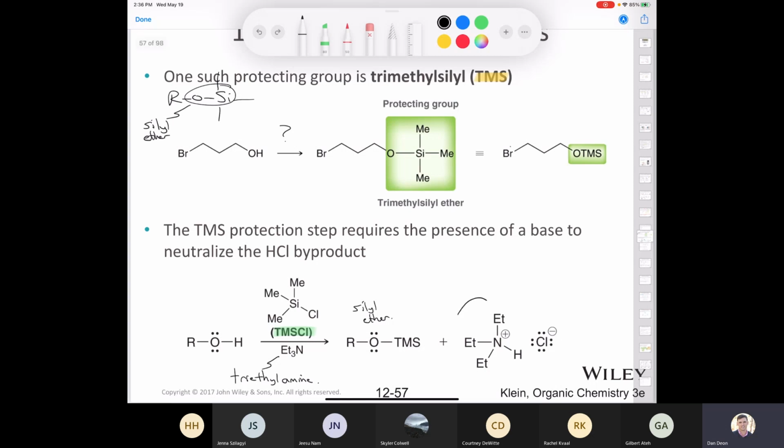It's not ammonium chloride, but it is an ammonium salt. This would be triethylammonium chloride. Let me just write down the name. Okay, so now you have your silyl ether.